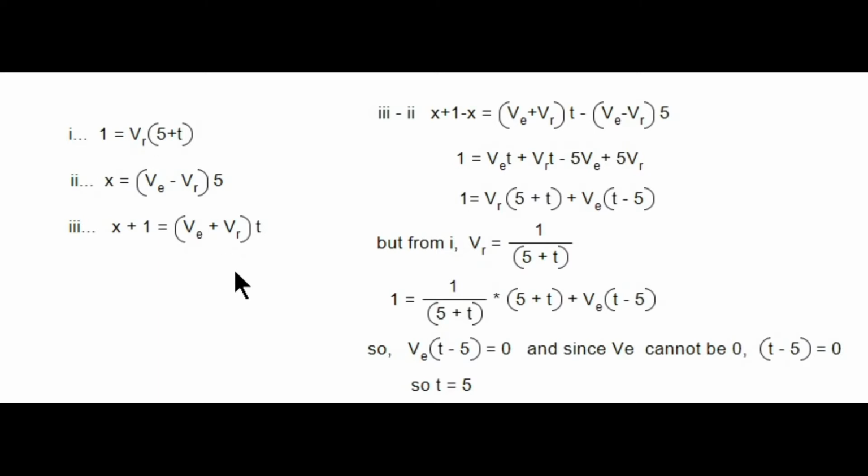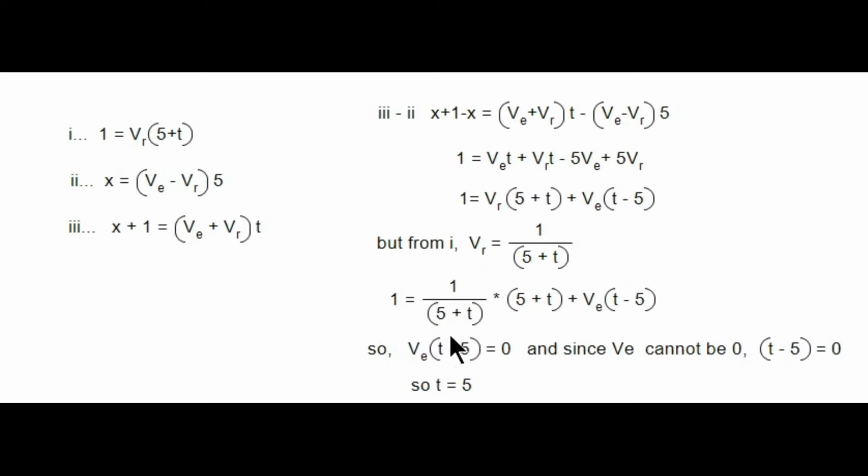I'm not going to go through every single step. If you take equations 2 and 3, subtract them, then we get this little rigmarole here. But we know equation 1 is telling us that VR is equal to 1 over 5 plus t, just rearranging that. Pop that in to VR, and very nicely it boils down to a simple expression: VE times (t minus 5) is 0. Now the velocity term can't be 0, otherwise he wouldn't be doing anything.